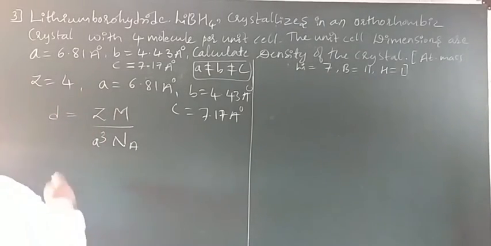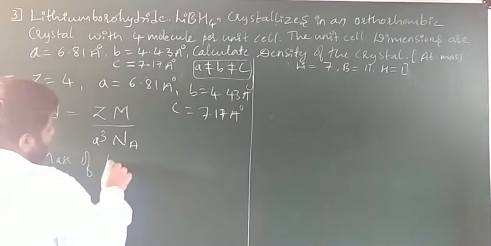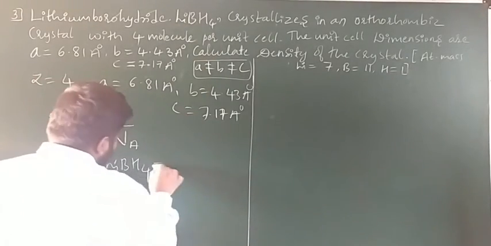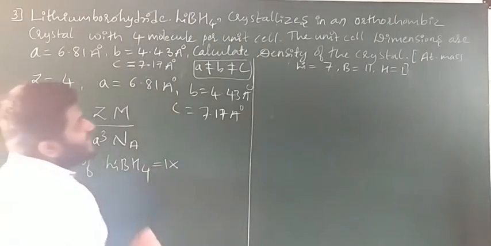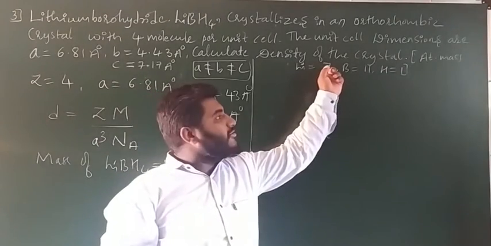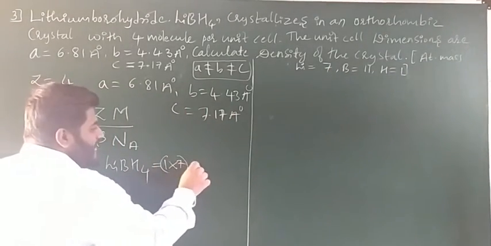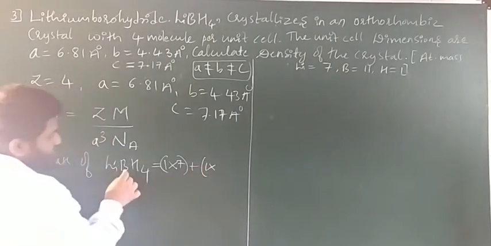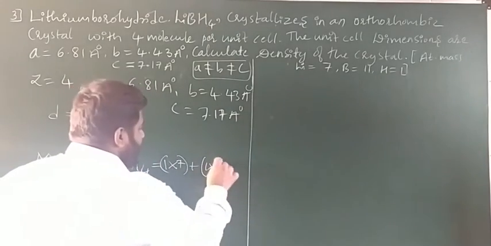Okay, what is M guys? Molar mass. So the mass of what is that? Lithium borohydride, LiBH4. How many lithium atoms are there? 1 into the atomic mass of lithium, 7. Plus how many boron atoms are there? 1 into the atomic mass of boron, 11.